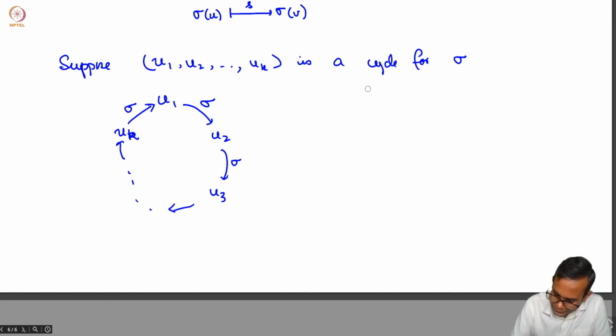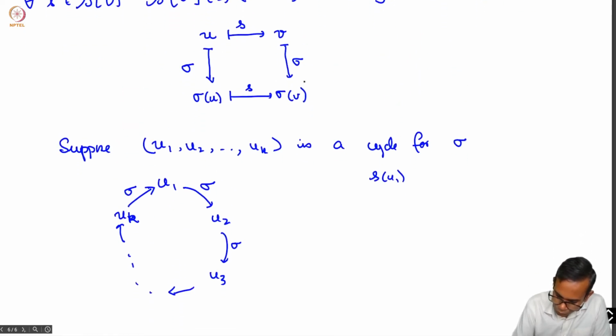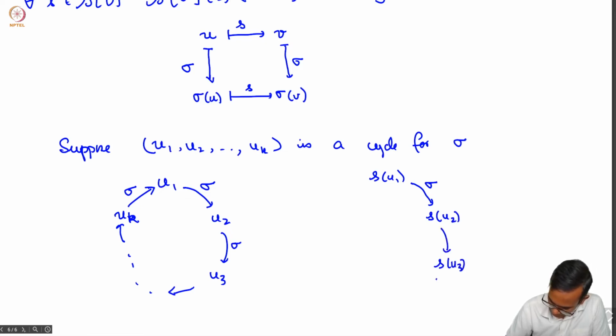Then what we are saying is that s of u1 will go to sigma of s of u1, and so on.